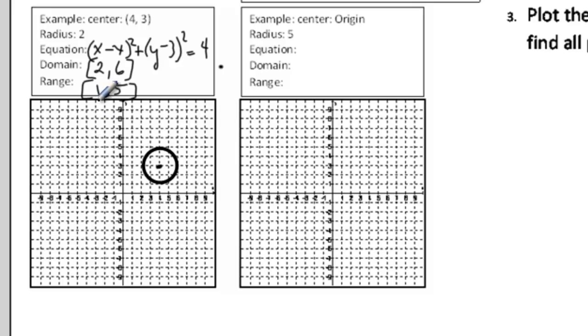Circles are the easiest of the 4 conic sections to work from, so we're not going to spend a lot of time working on them. If you have a circle whose center is at the origin, then you simply leave out h and k, and you get x squared plus y squared equals 5 squared, which is 25.